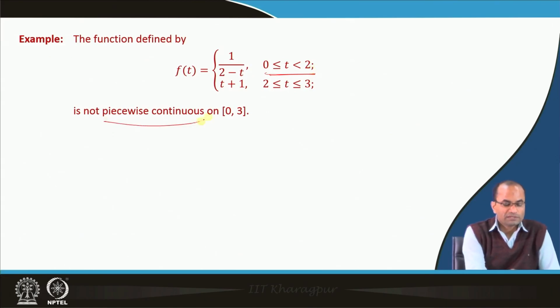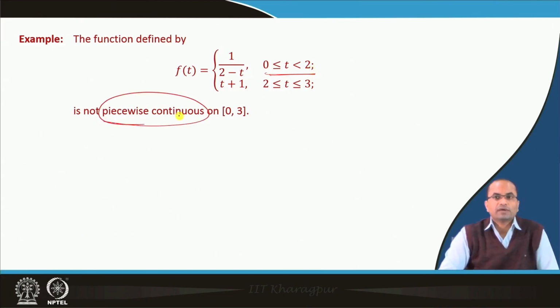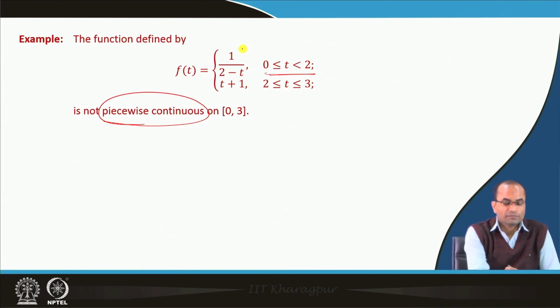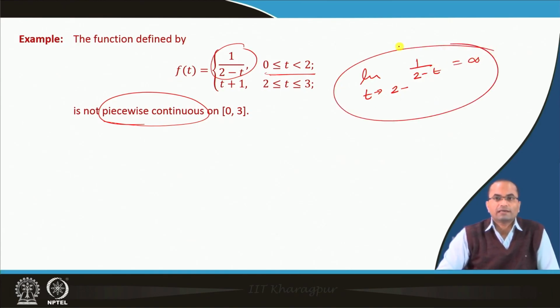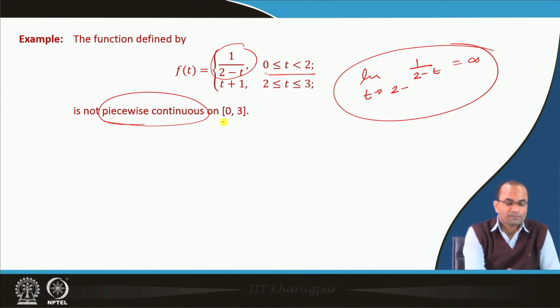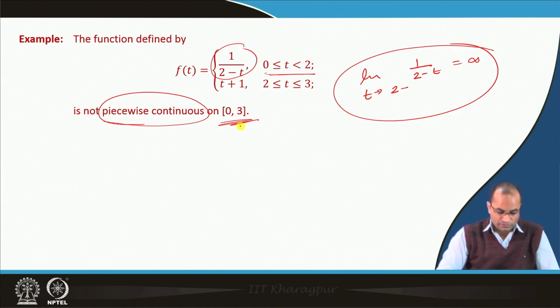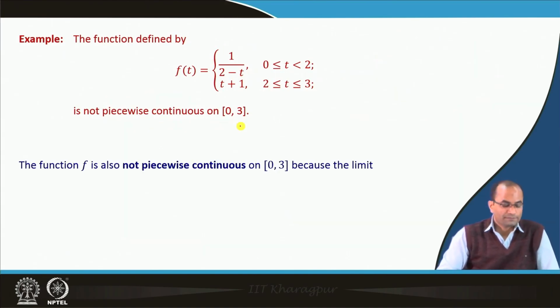So, this is not piecewise continuous, and the reason is that if we look at this limit as t approaches 2 from the left-hand side, 1 over 2 minus t is approaching infinity. So, we do not have a finite limit at the point 2, and this function is not piecewise continuous in the interval 0 to 3.